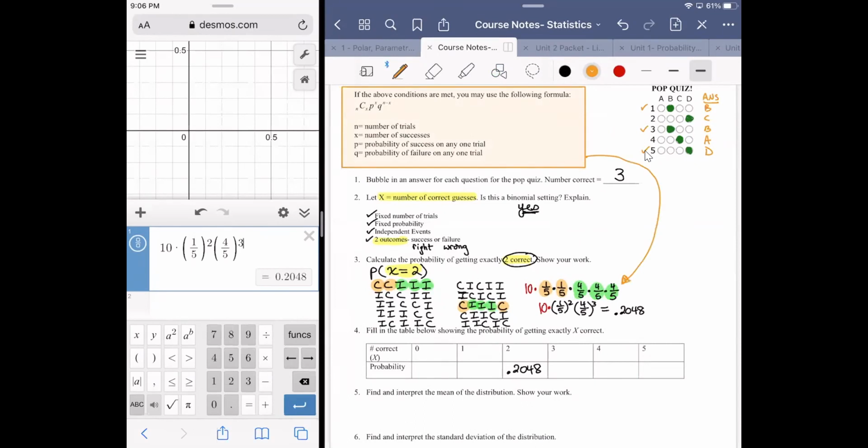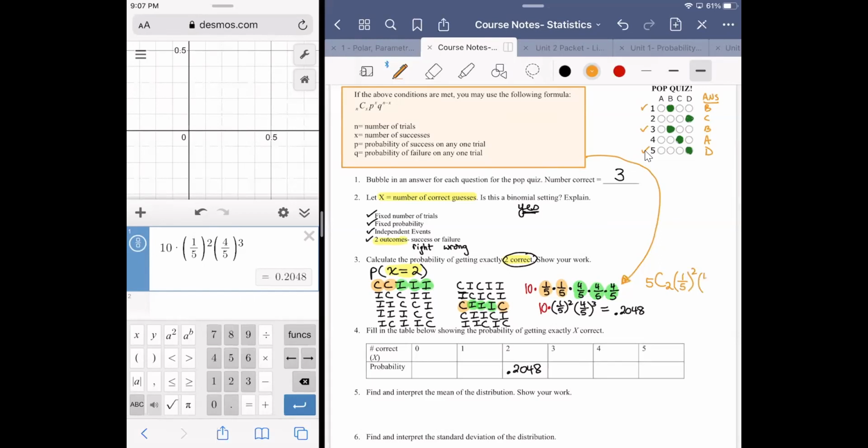because the n represents the number of trials, right? So this would be 5 trials, 5 questions. C2, that's the number that I want to get correct. P is the probability of success. I've got a 1 in 5 chance of being successful on any one trial, so to the 2nd power.